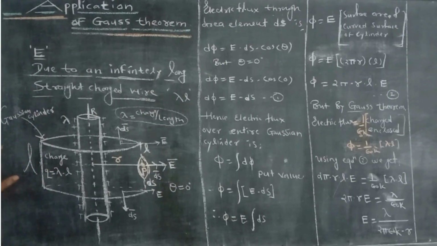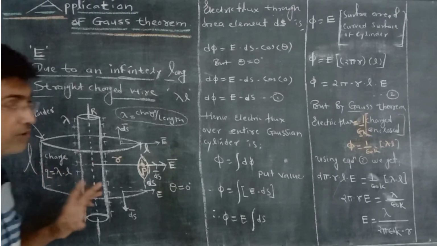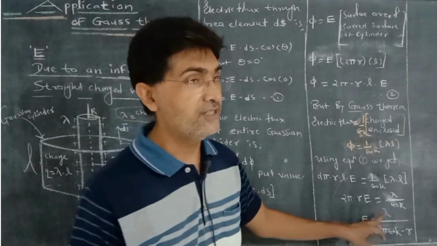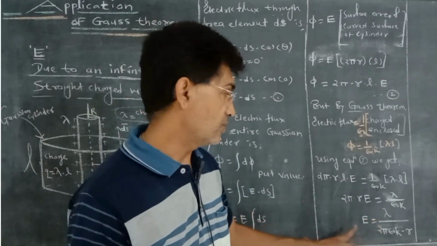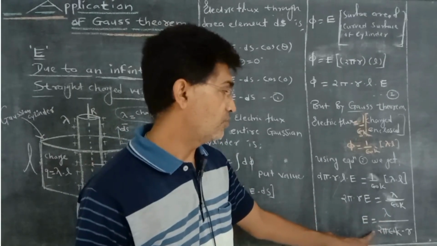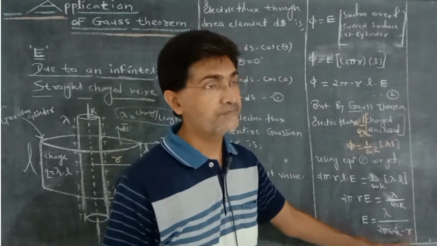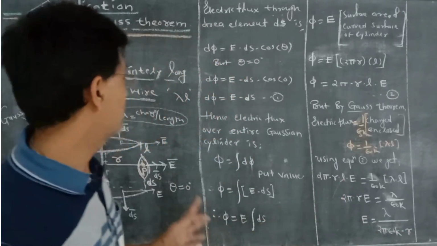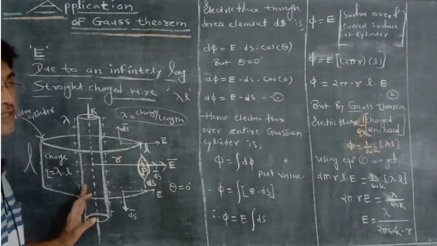So it is not important how much part of the wire you consider while calculating, but it is important what the linear charge density is. So E is equal to lambda upon 2 pi epsilon naught k r is the electric field intensity of the charge wire at the point P.